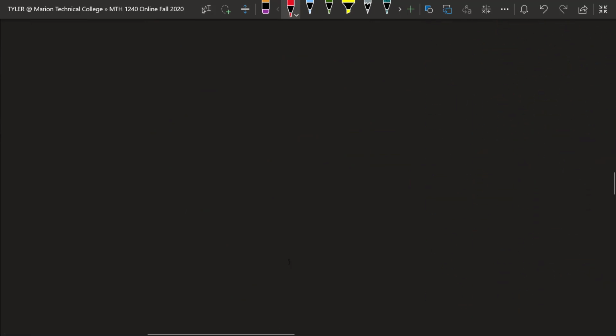Right, so first I'll just write down my sample. My sample is 5, 26, and 36. Right, so if I count what I have, n equals 3. I have 3 things in my data set.